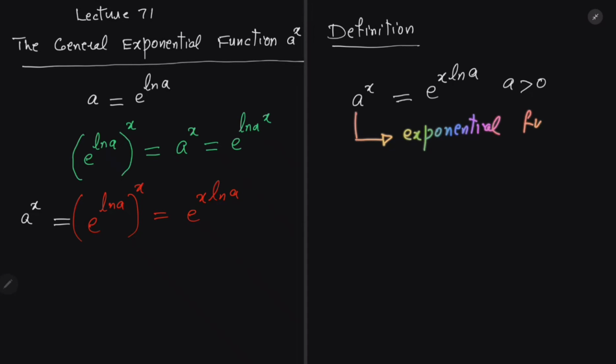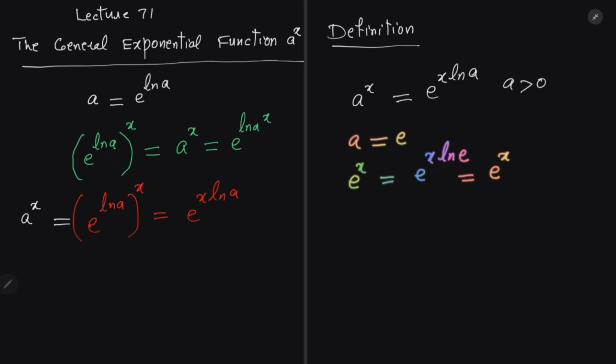When a becomes, for example, e, then we have e raised to power x is equal to e raised to power x natural log of e. Natural log of e is 1, so e raised to power x are equal to each other.